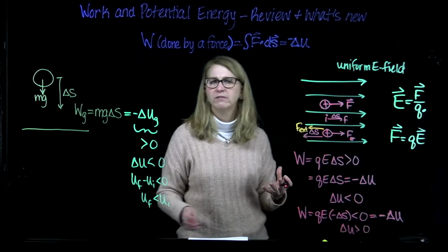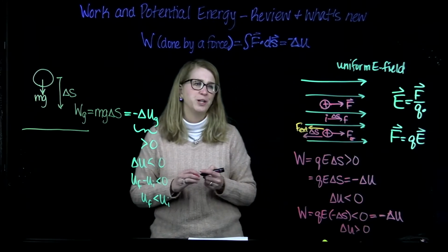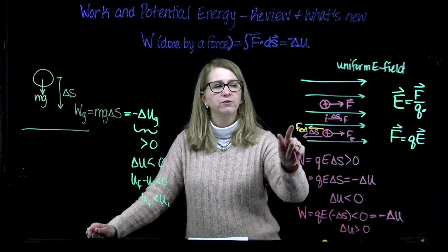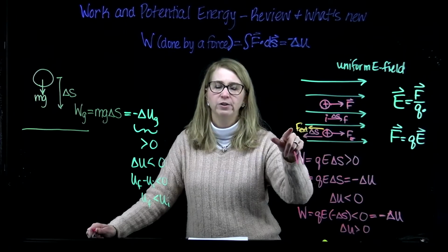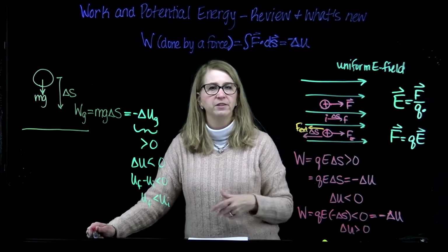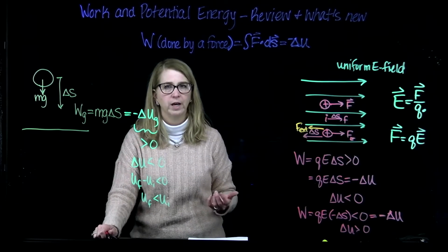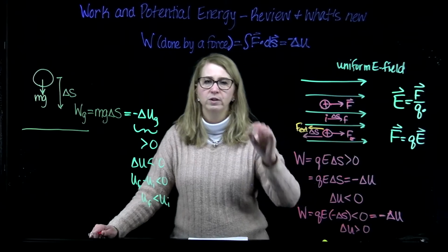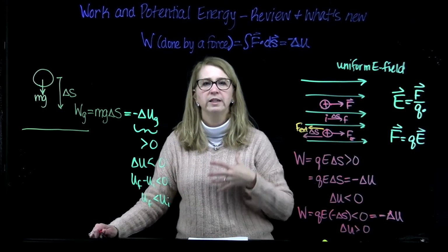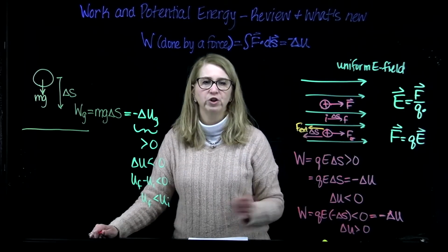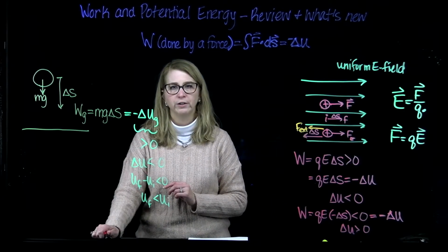Why does it have an increase in its potential energy? It's because there had to be an external force. This force actually had to do the work to move this positive charge to the left. The charge does not want to go that way. And so that external force in doing that work was giving its energy to the system, and that's why the change in potential energy is greater.